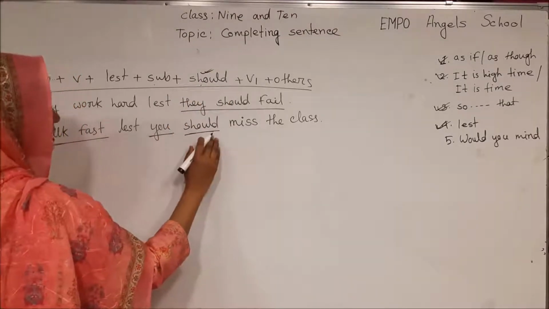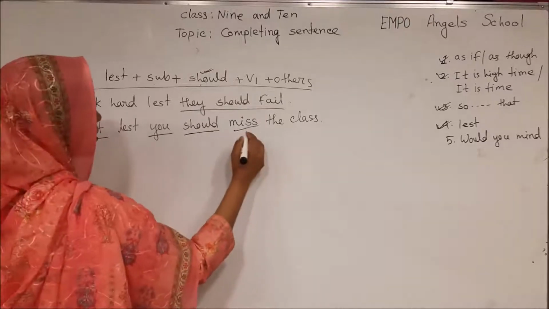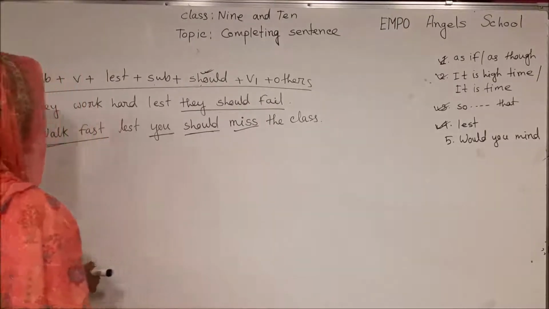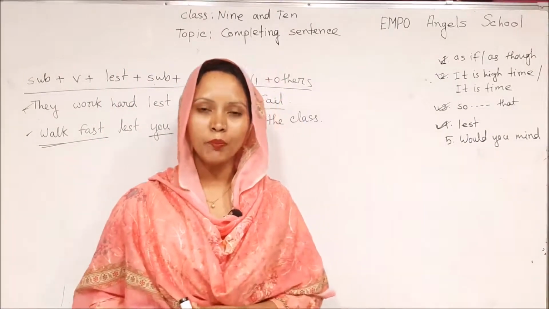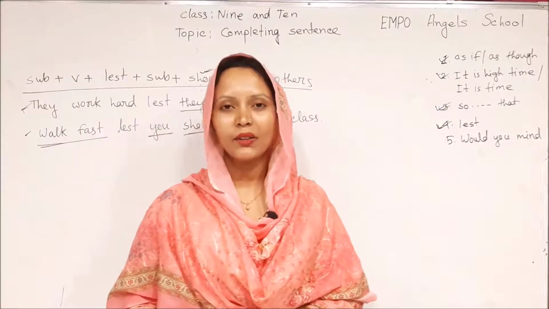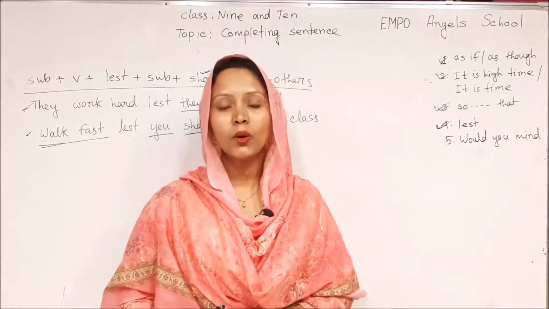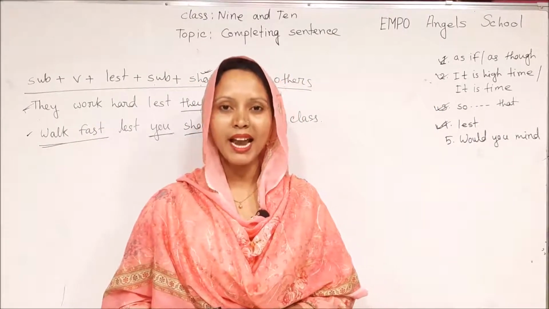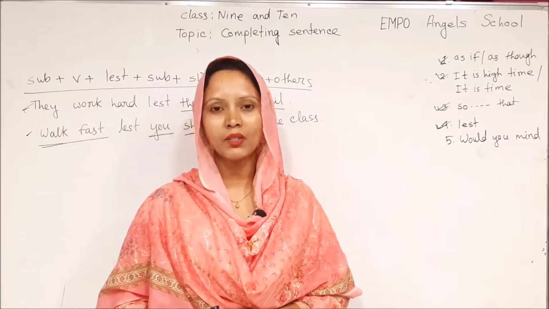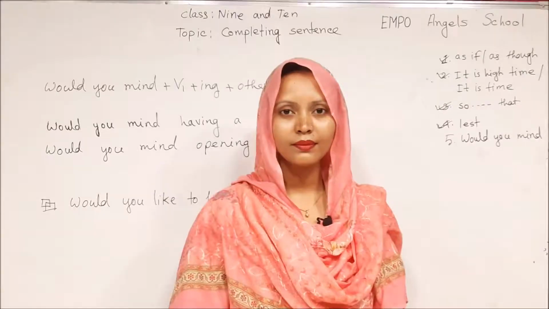I have written here "should" and verb 1 to complete the sentence. Whenever you have to complete the sentence with "lest", then you must take "should" as your auxiliary verb and then choose verb 1 to complete the sentence.